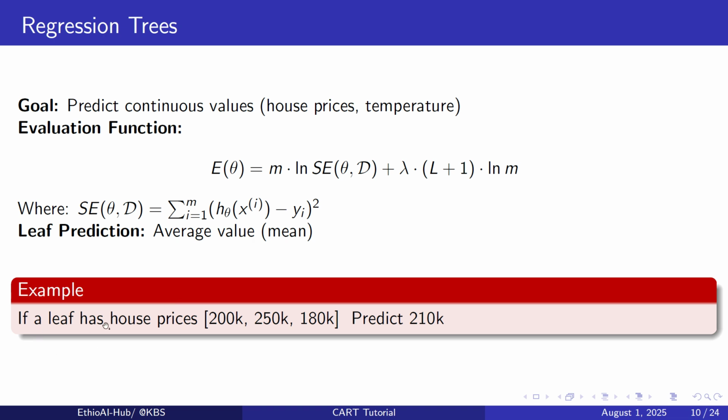For example, if a leaf has house prices 200k, 250k, 180k, the leaf predicts 200k, because 200k is the mean value for this one.